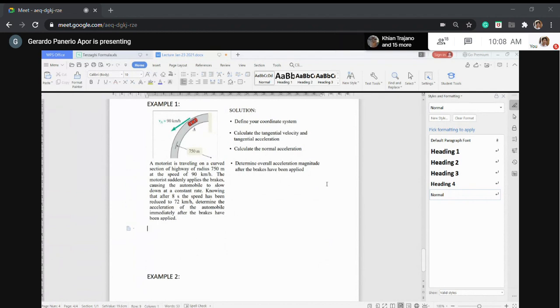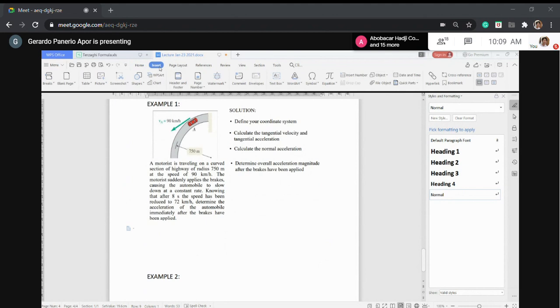Solution. Okay, so it is difficult to do the drawing actually. I will try.